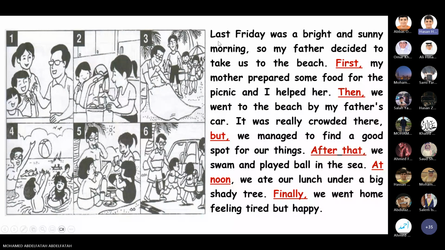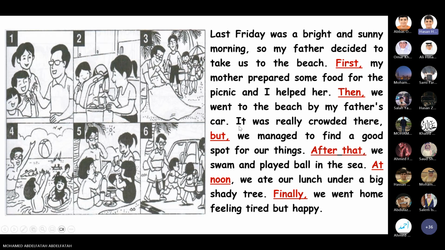Last Friday was a bright and sunny morning, so my father decided to take us to the beach. First, my mother prepared some food for the picnic, and I helped her. Then we went to the beach by my father's car.